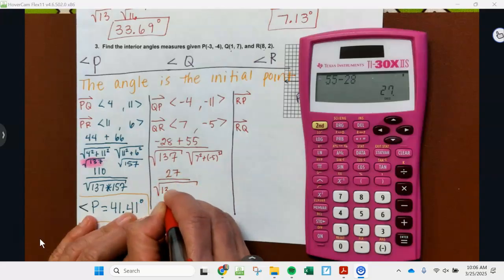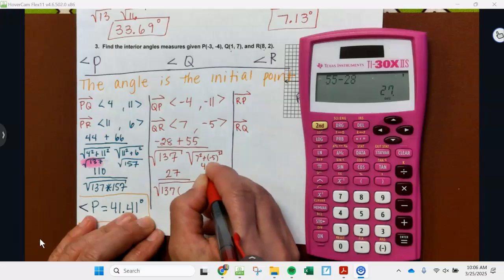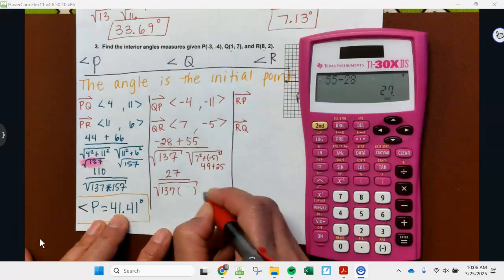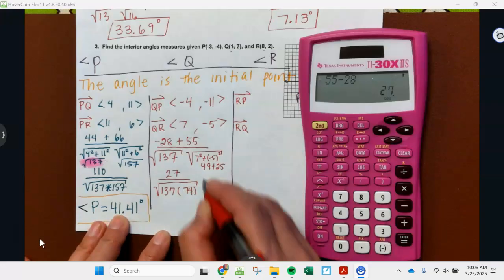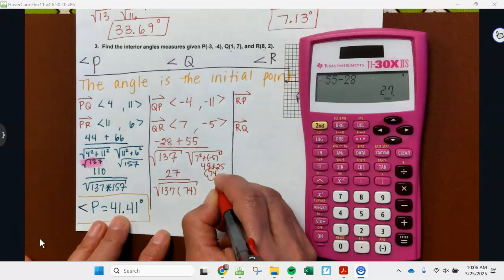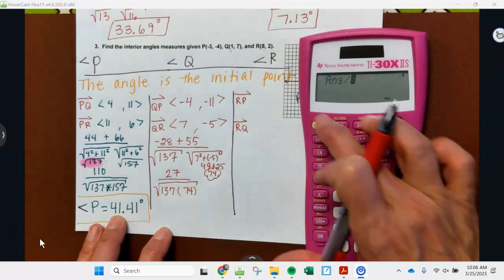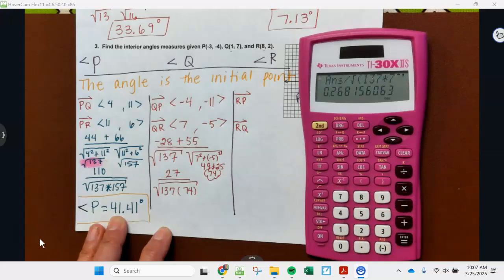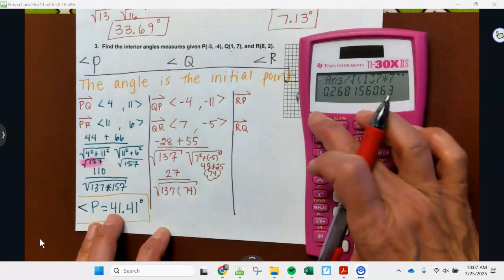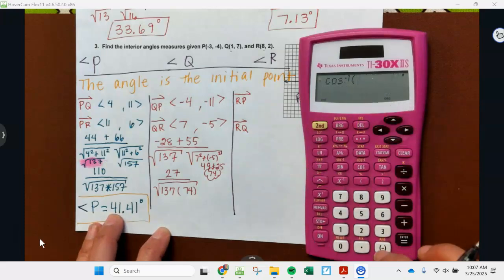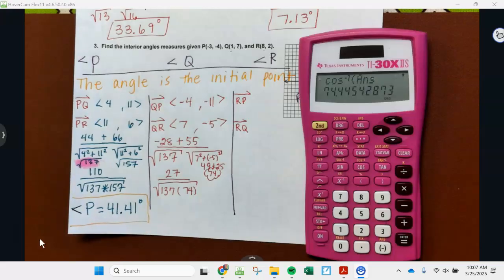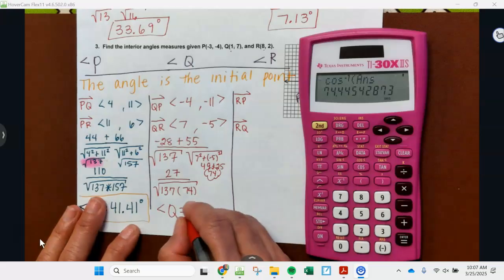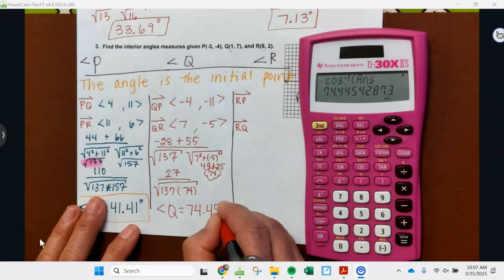Our denominator is the root of 137 times 49 plus 25. 49 plus 25 is 74. So angle Q, make sure you got 74.75 degrees.